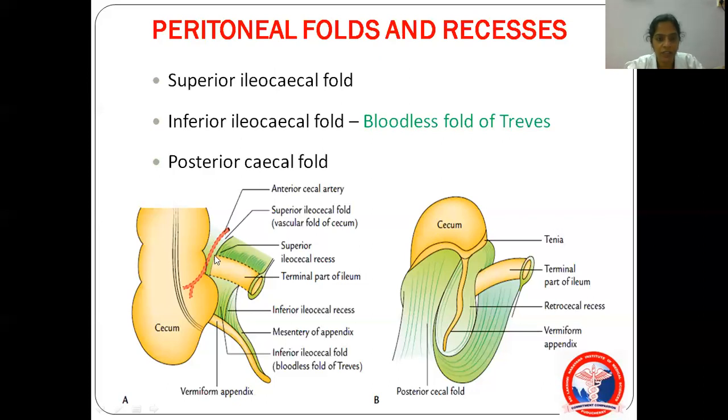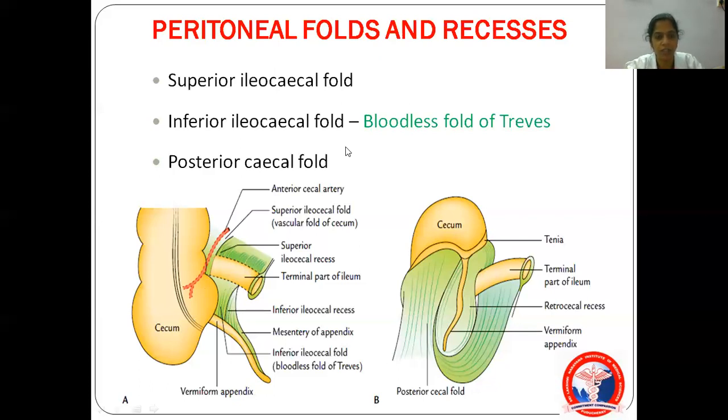Here, you can see in the superior ileocecal fold, there is a blood vessel. Because of the blood vessel, this fold is also called the vascular fold of cecum. When you see the inferior ileocecal fold, there is no blood vessel.